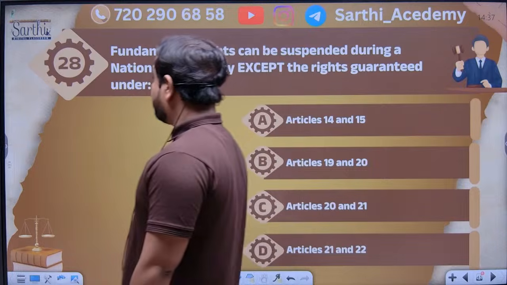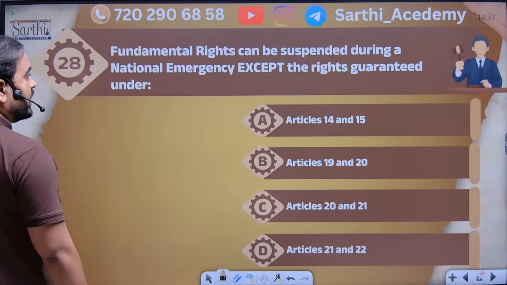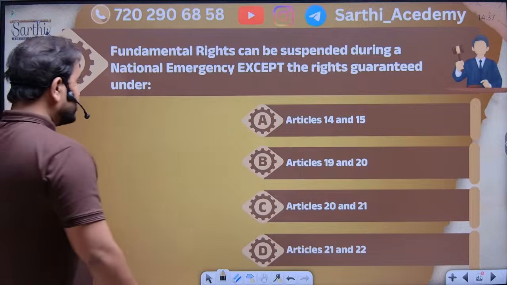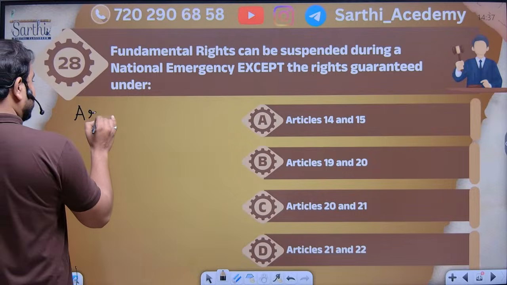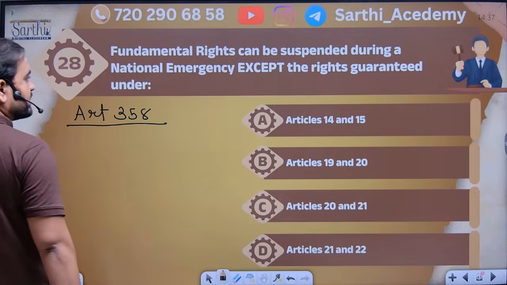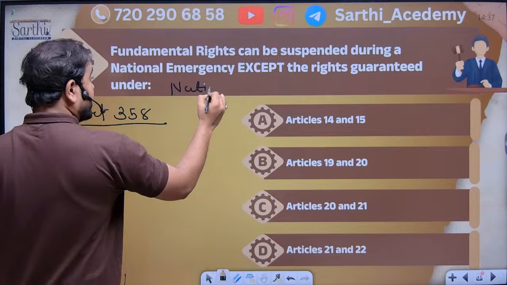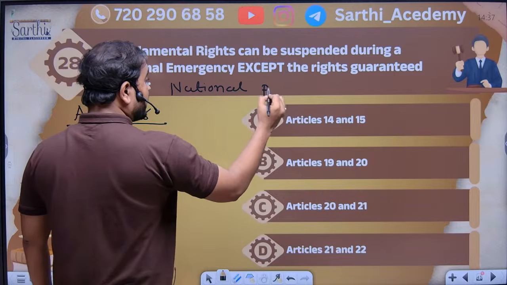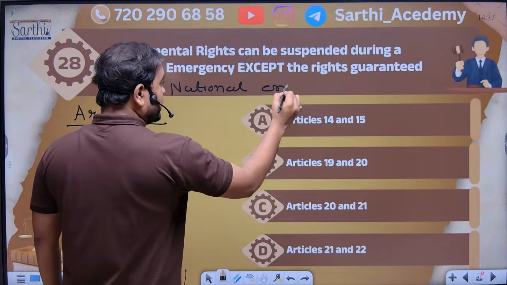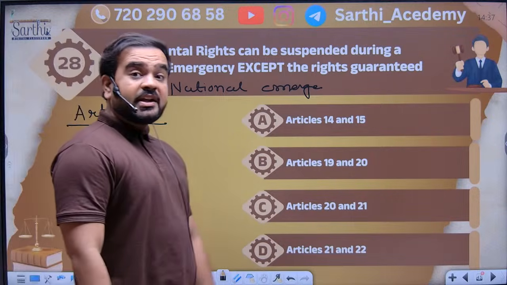Okay, next question, 28. Fundamental rights can be suspended during national emergency, except the rights guaranteed under which article? See, there is one article, and that article is article number 358. Article 358 says that if there is a proclamation of national emergency in India, say the president proclaimed a national emergency, then your fundamental rights can get violated.